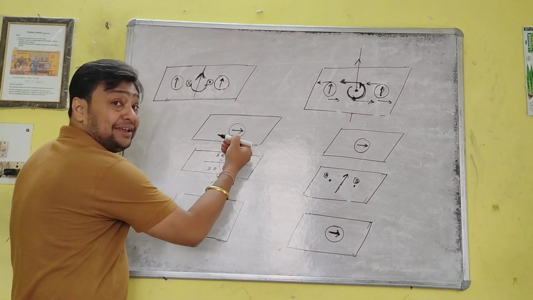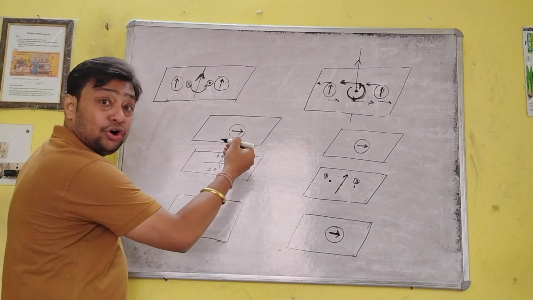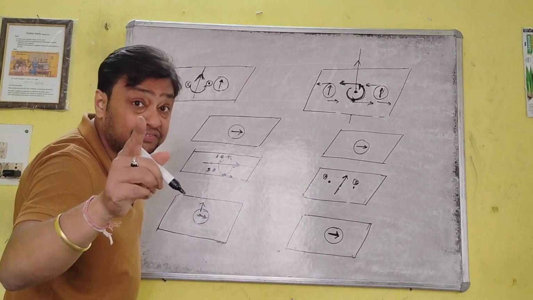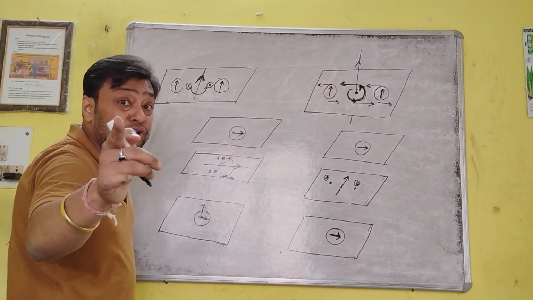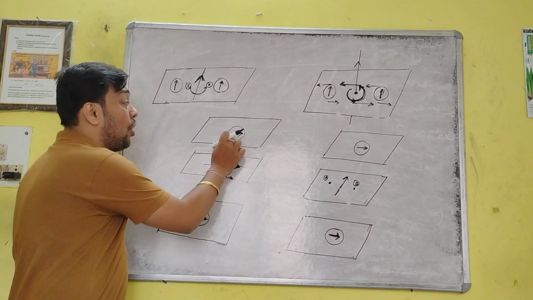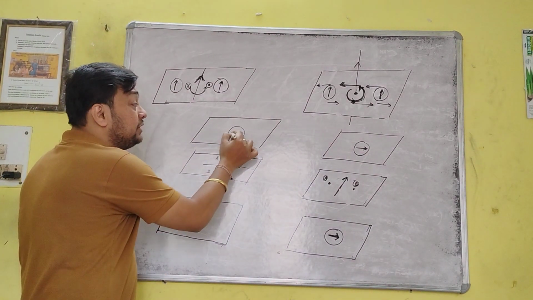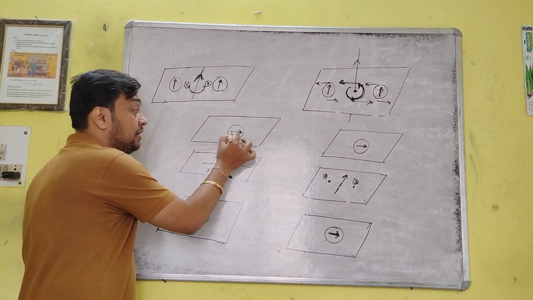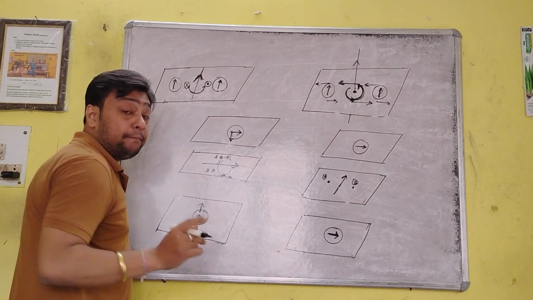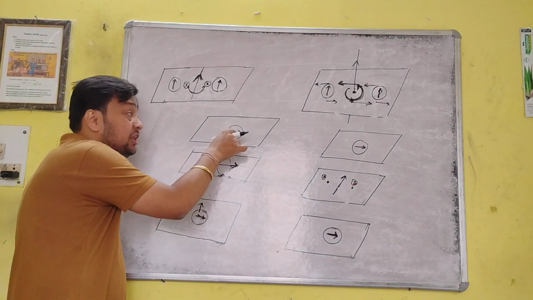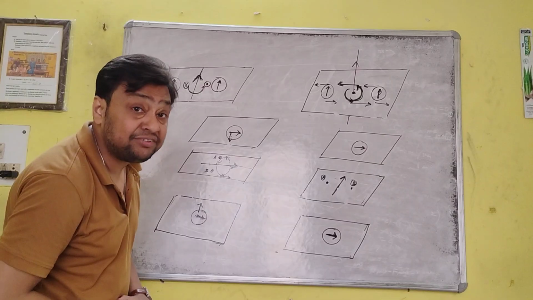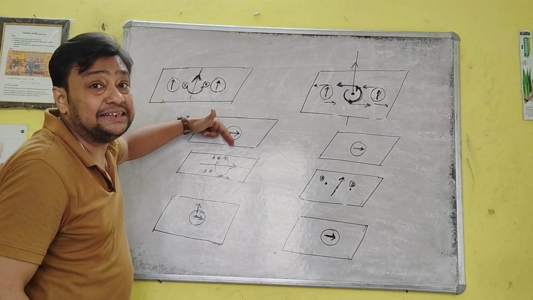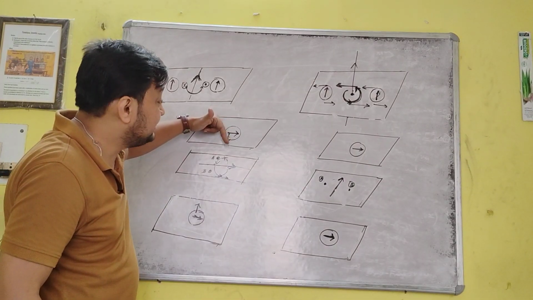But the tangent, if I draw, is coming out, and that will be the tangent which will show the direction of the magnetic field which is coming out, that will be in the same plane of the needle. So the magnetic field direction tangent is in the same plane with the needle but perpendicular. Here also the deflection will be there in the needle of the compass, and the compass will move towards the direction of the tangent.